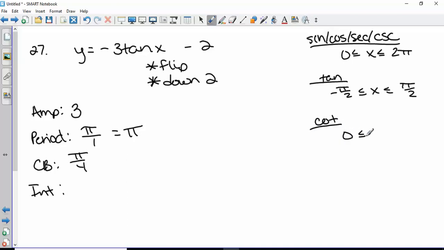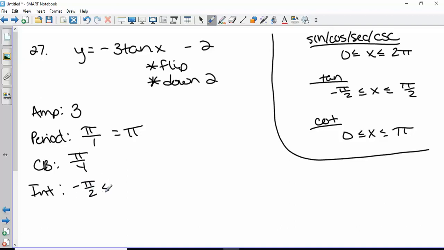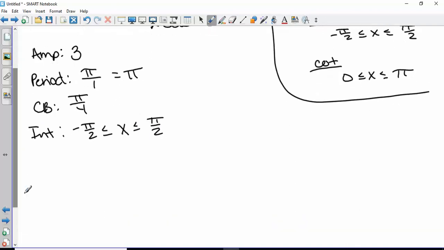What's the interval for cotangent? 0 to pi. And the reason we have those weird intervals for tangent and cotangent is because that way they start and stop at the asymptotes. So we just have one complete graph in between. So we are going to set this up from negative pi over 2 less than or equal to x less than or equal to pi over 2.